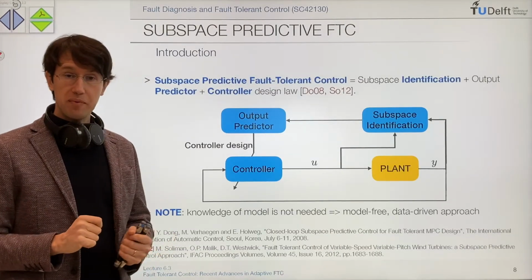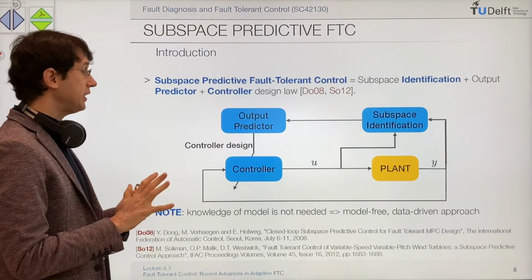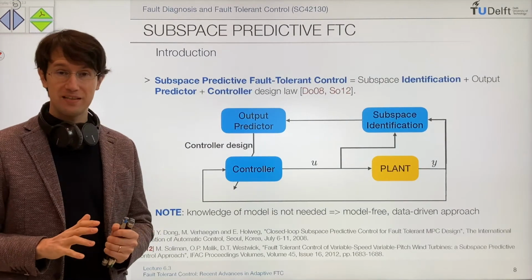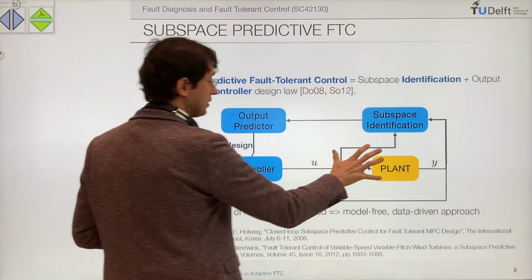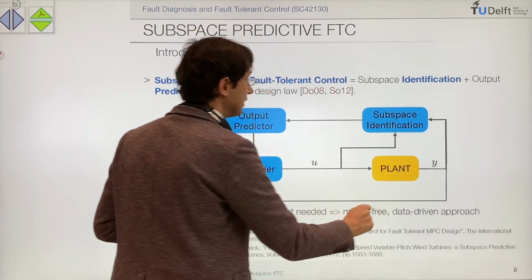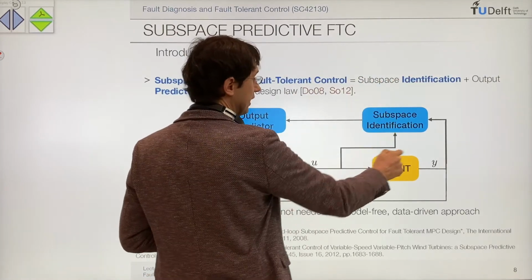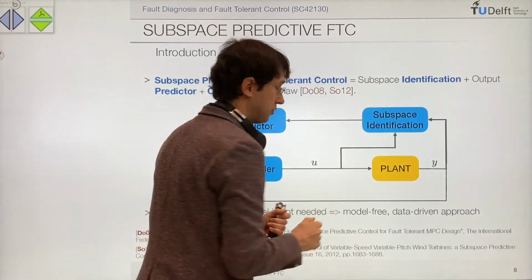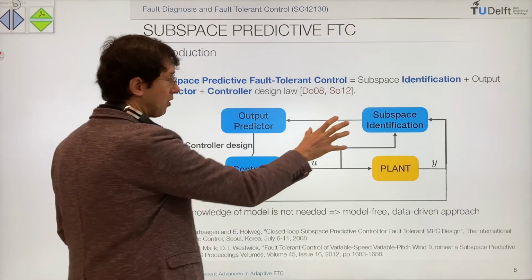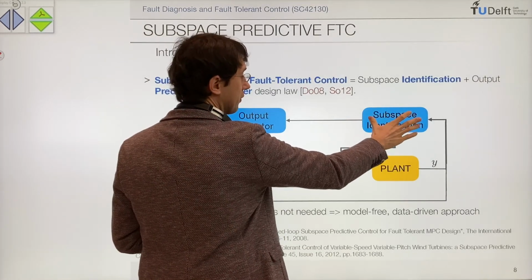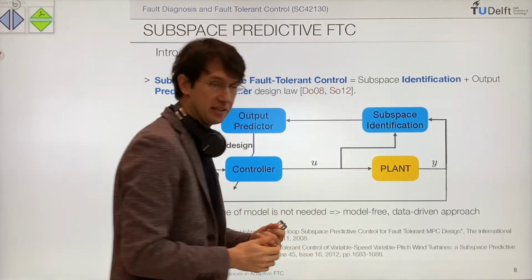This approach is based on three components. So you take data from your plant, and the first step that you have is a subspace identification block. This block is continuously learning a model of the plant.